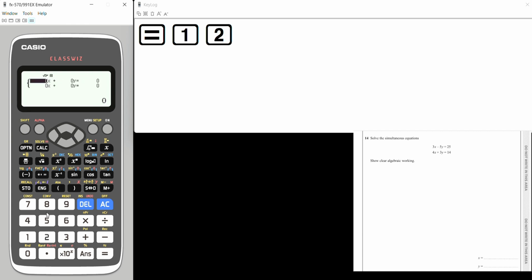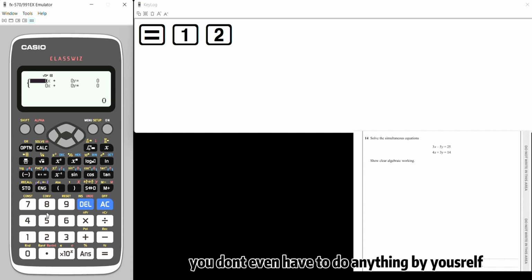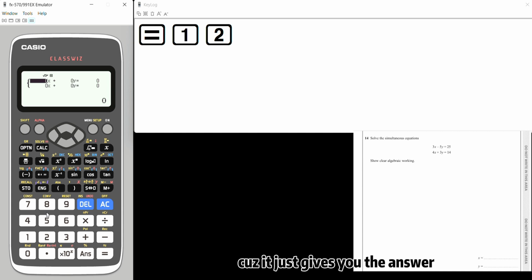For this example, I'm using the same paper as before, 2022 paper 1 HR for math at Edexcel. So it says solve the simultaneous equations. It's very simple using this calculator. You don't even need to do anything by yourself because it just gives you the answer. But of course, you have to write down the working, like using substitution or elimination to do the questions. But this calculator just provides you with the answer so that you don't get it wrong.